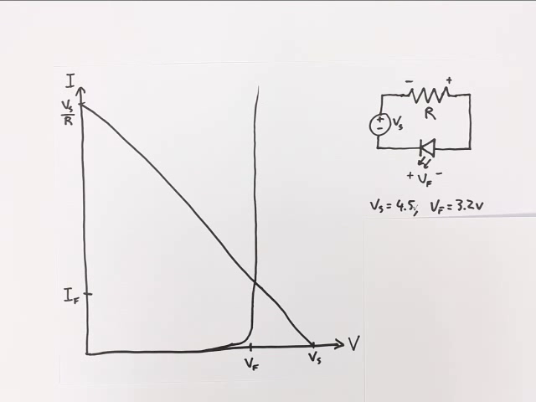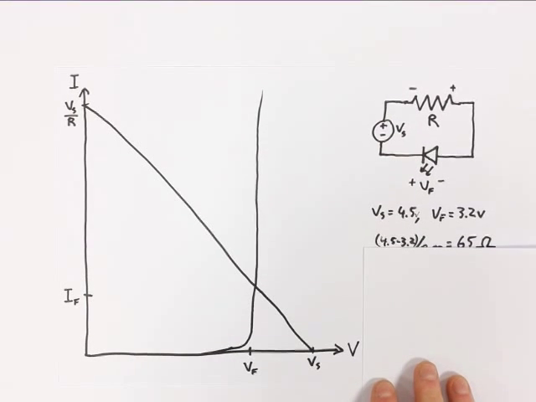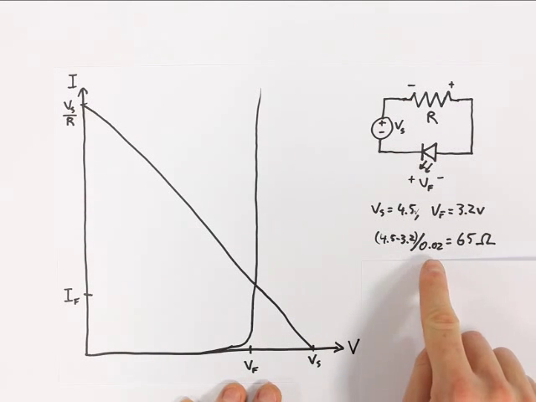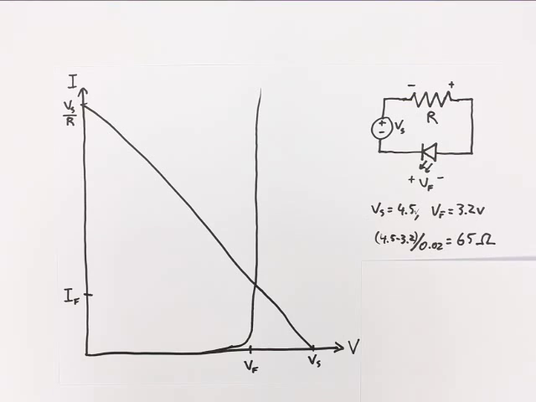So, fairly simple application of Kirchhoff's voltage law and Ohm's law for our circuit here in order to find R. I've assumed a 20 milliamp desired current there, and that gives us a 65 ohm resistor. But you saw from the data sheet that the actual forward voltage of the device could be as low as 2.8 volts.